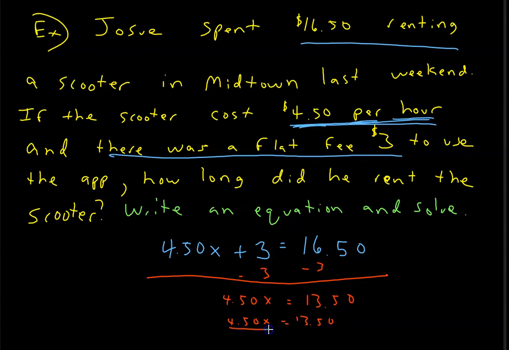That way the 4.50s cancel. Leave you with just x equals 13.50 over 4.50. That should be 3. So it means he rented the scooter for 3 hours. All right, let's do another one.